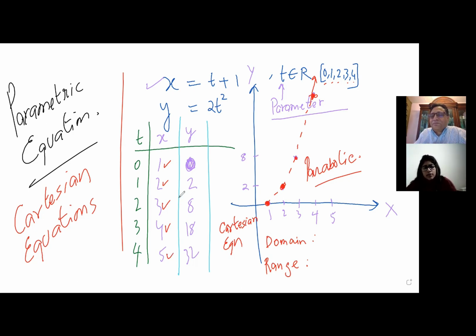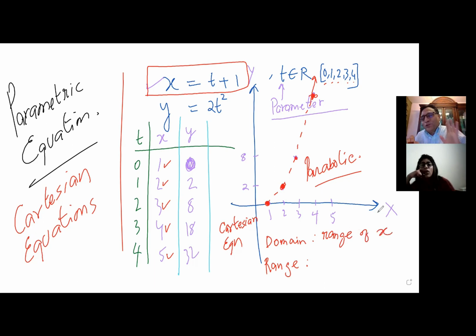So x is between 1 and 5. That means it is actually the output of this equation, where the parameter t was 0, 1, 2, 3. So the domain is basically the range of x. Range is the output of x, correct?